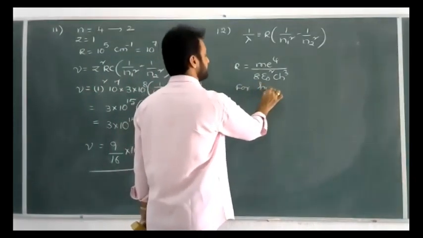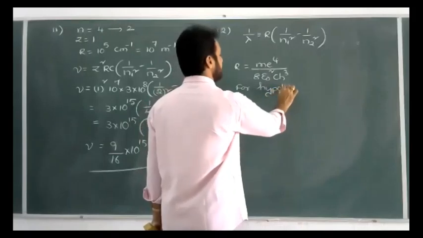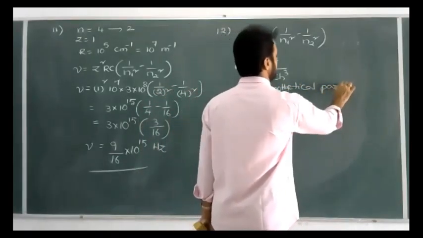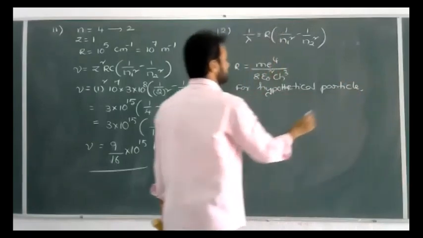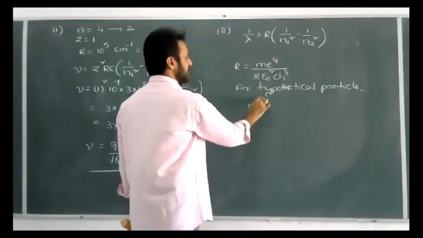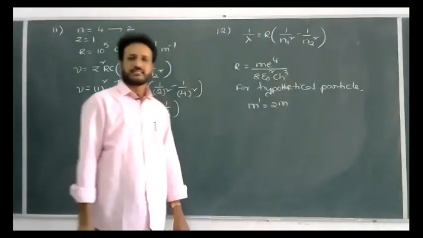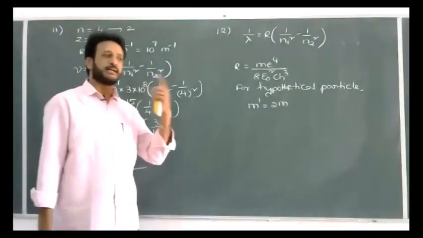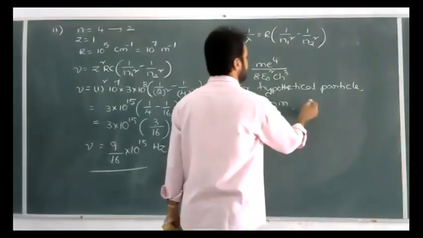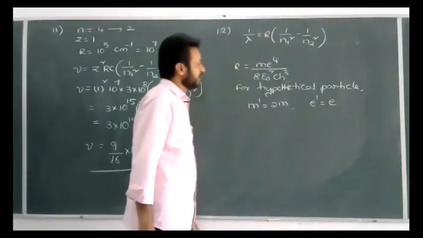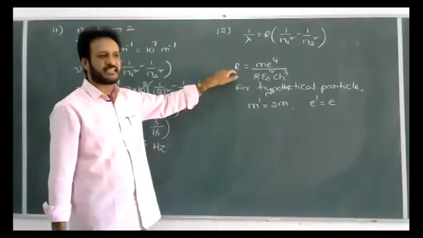For the hypothetical particle, the charge is the same, but mass m dash is equal to double the mass of electron. The mass of the hypothetical particle is double the mass of electron, but the charge is the same, no difference. e dash and e values are both equal. Now we can modify the Rydberg constant.